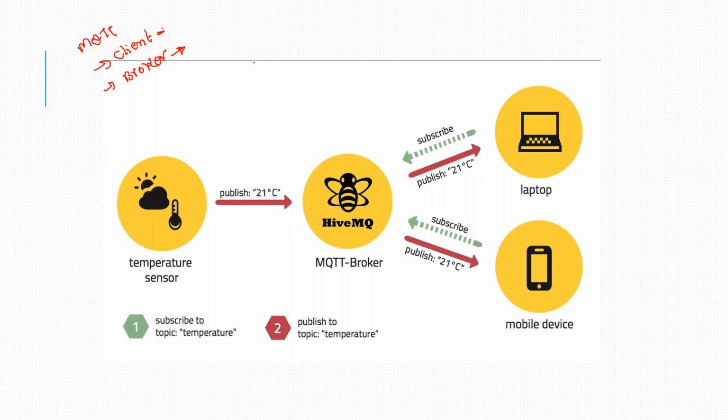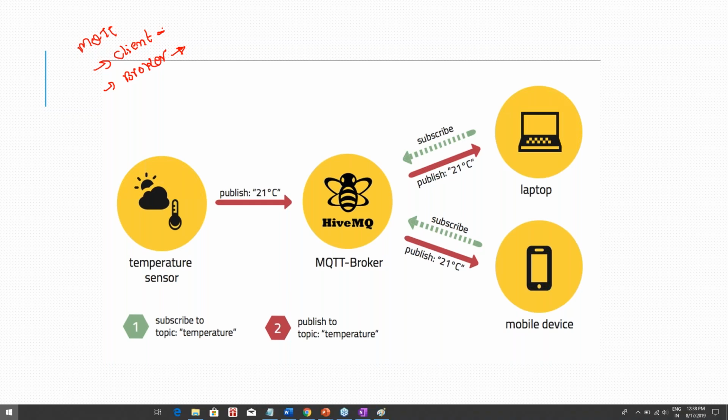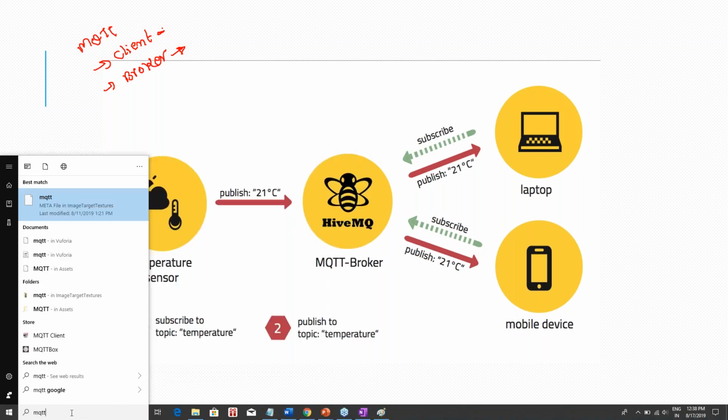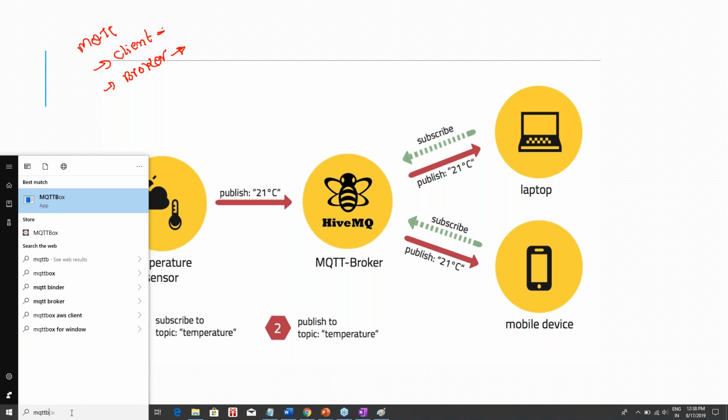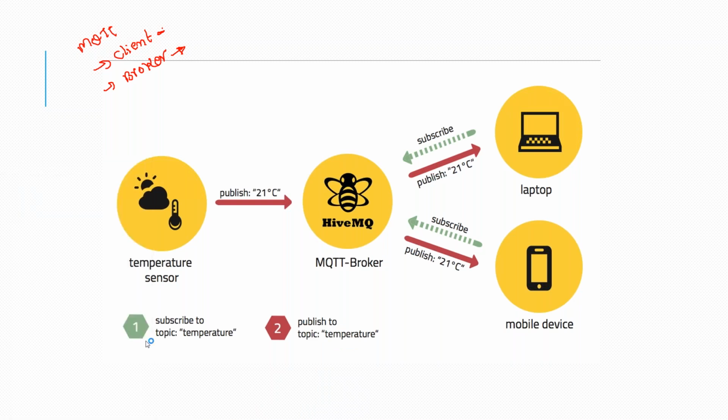Let me do one thing. All of you can download one Android application. In real time we do the programming and implement this part through programming, but right now I'm just using a simulator so we can understand it.